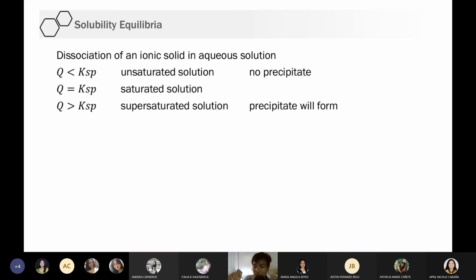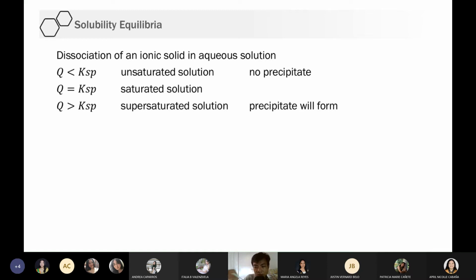May sugar candy ba agad? Hindi, di ba? Pag naglagay ka ng asukal sa tubig, unsaturated yon. Then over time, mapapansin nyo na hindi na nade-dissolve yung sugar sa tubig. So, parang ganun din dito.